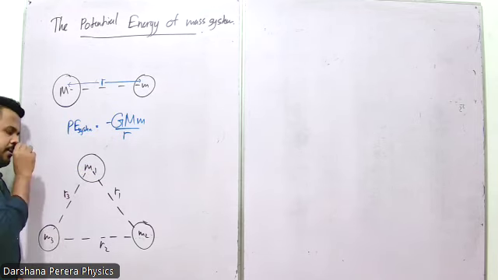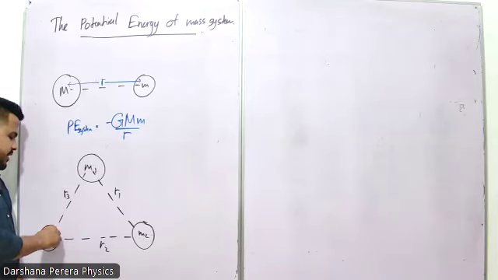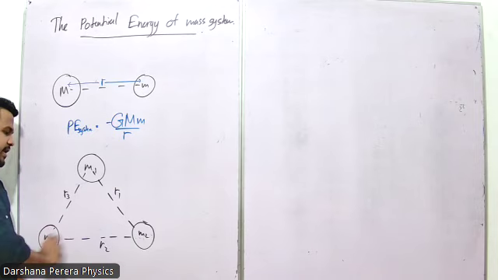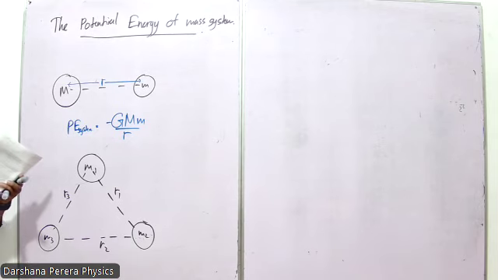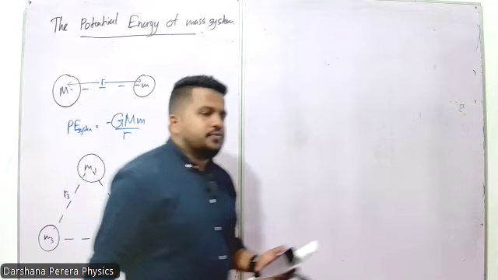So I have to take the values separately. When I take m1, the gravitational field produced by m3 and m2 should be calculated. Likewise, we have to take all the gravitational fields. Okay, write down the topic, the potential energy of the mass system.